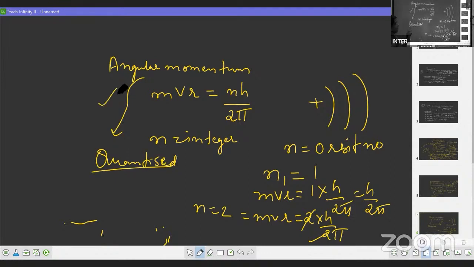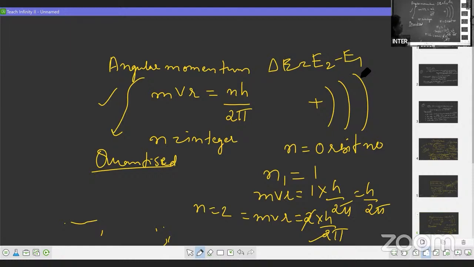First point, the electron revolves around the nucleus in circular paths called orbits. The energy of the orbits is constant and therefore they are called stationary states. Then there is a change in energy of the electron, delta E equal to E2 minus E1, when the electron goes from a lower orbit to a higher orbit.